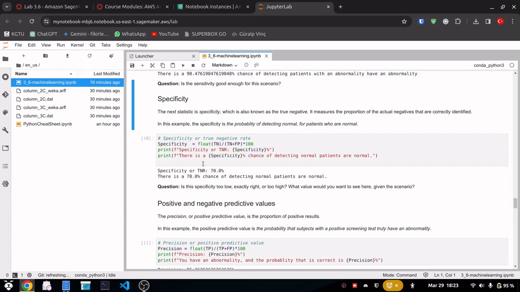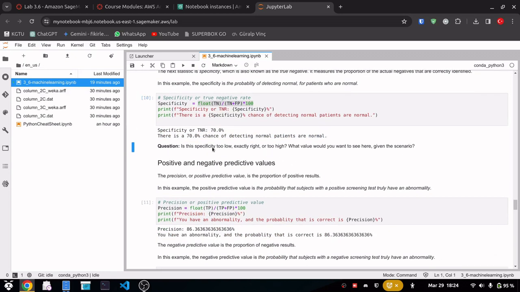So it is the true negatives divided by the true negatives plus the false positives, which means there is a 70% chance of detecting normal patients as normal.